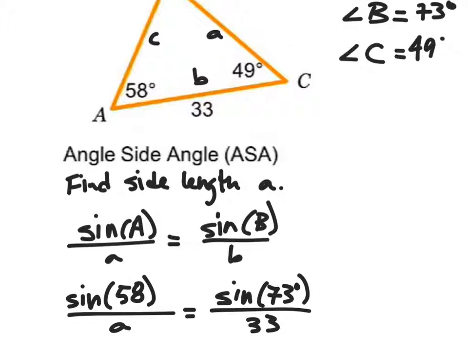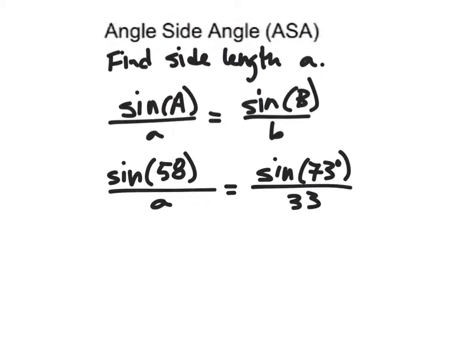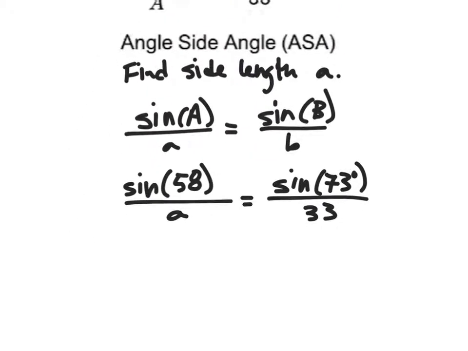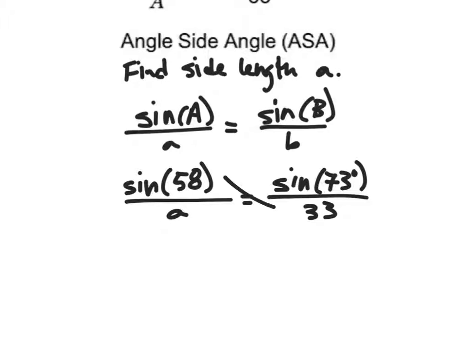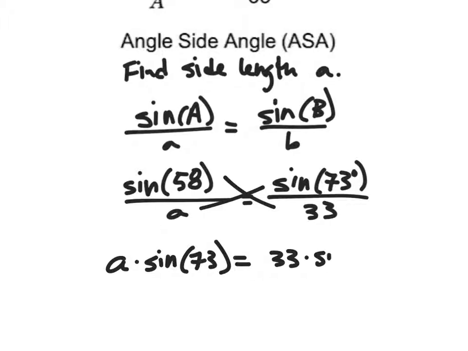What we have here is a proportion that we can solve. So let's cross multiply and solve for A. I've got A times sine of 73 is equal to 33 times sine of 58.